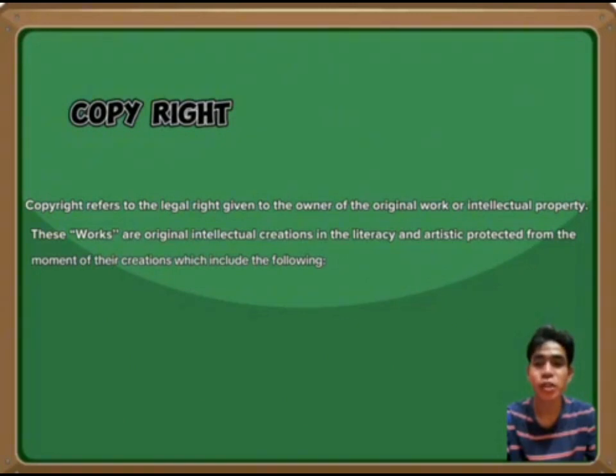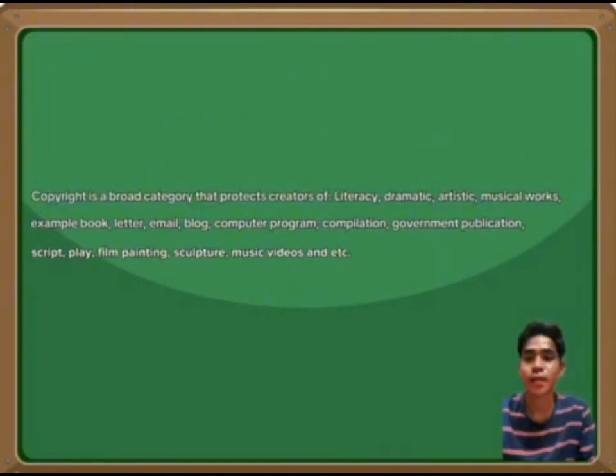These works are original intellectual creations in the literary and artistic domain, protected from the moment of their creation, which includes the following. Copyright is a broad category that protects creators of literary, dramatic, artistic, and musical works, for example books, letters, email, blogs, computer programs, compilations, government publications, scripts, plays, film, painting, sculpture, music video, and etc.